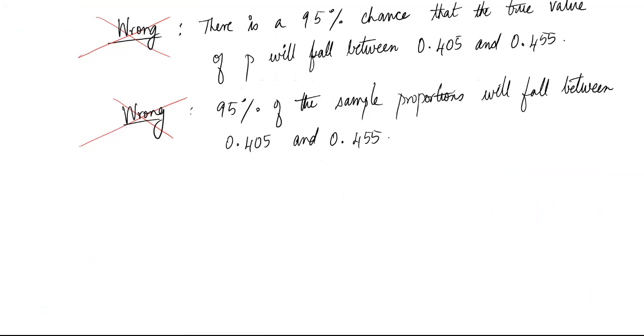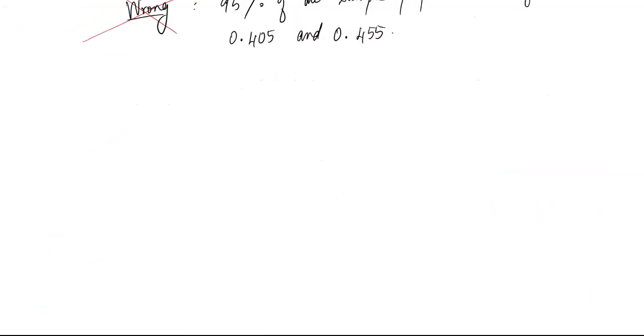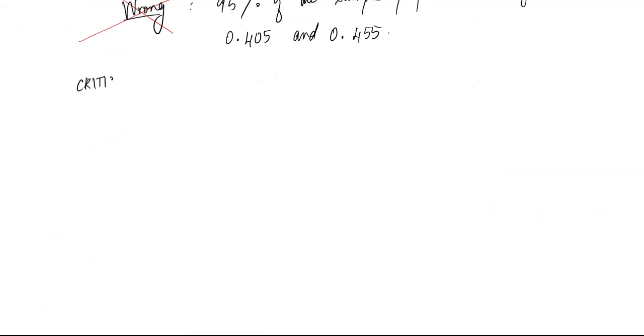So how do we measure this? Well, there are other things that we have to consider. We have something called the critical value. As the name says, critical value is critical because it's on the borderline.